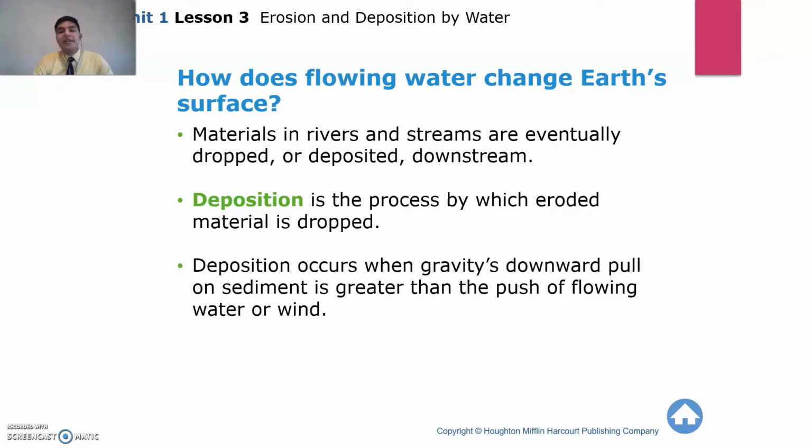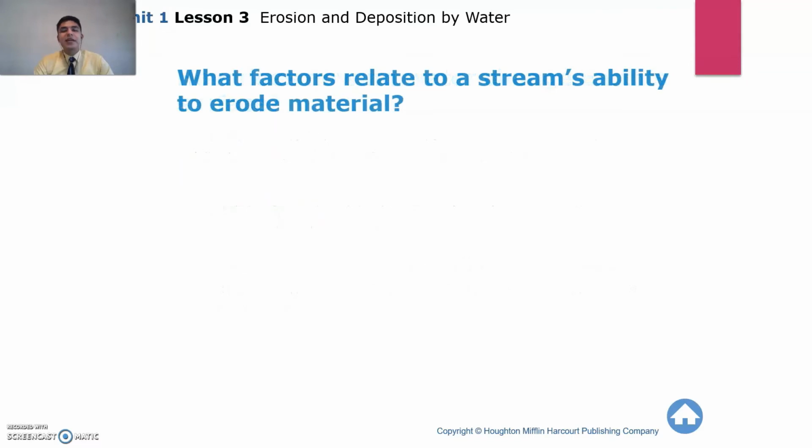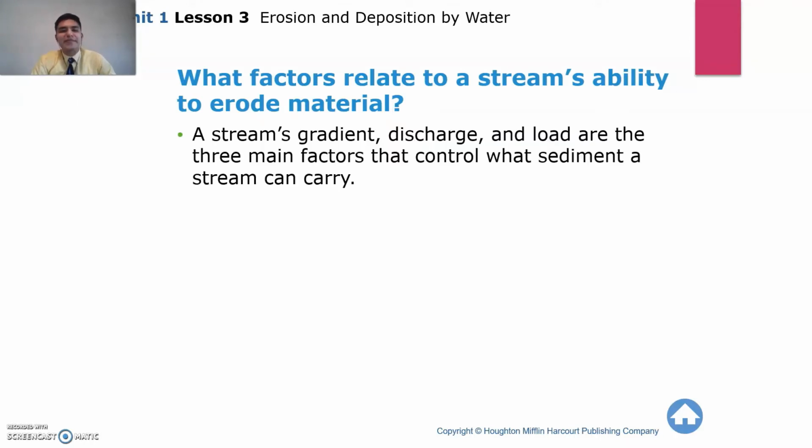Deposition occurs when gravity's downwards pull on sediments is greater than the push of flowing water or wind. For example, at a lake, let's suppose that a river actually goes and it ends up in a lake. So there are going to be some particles of rock that are just going to drop down and that are going to stay right at the bottom of the lake. So that's what we are going to know as deposition.